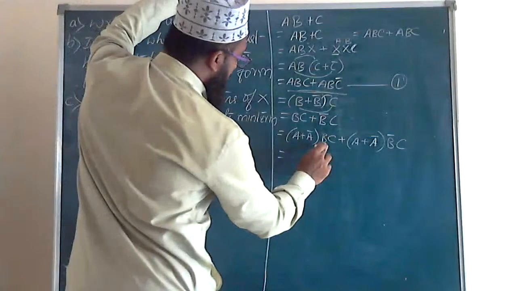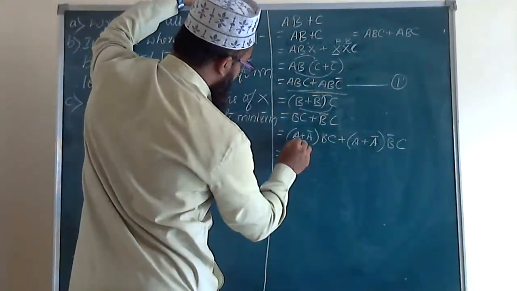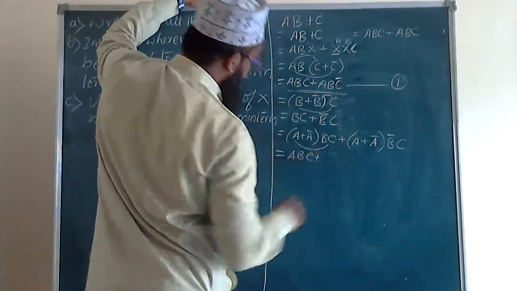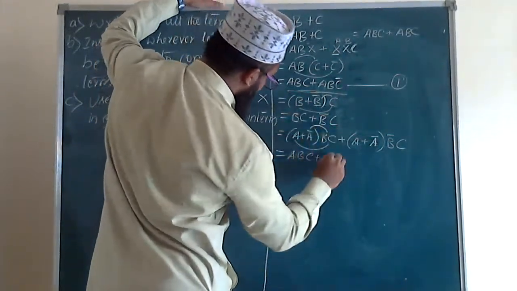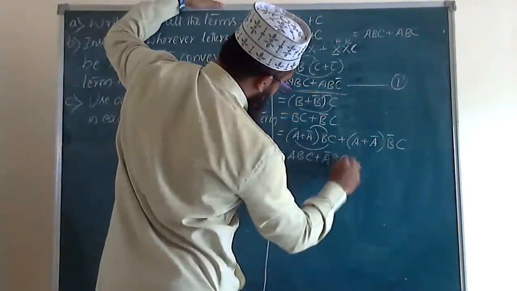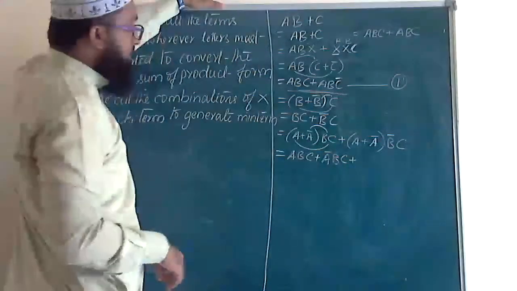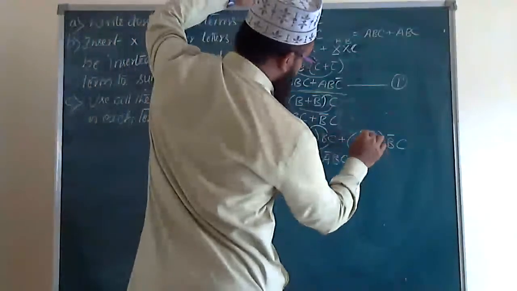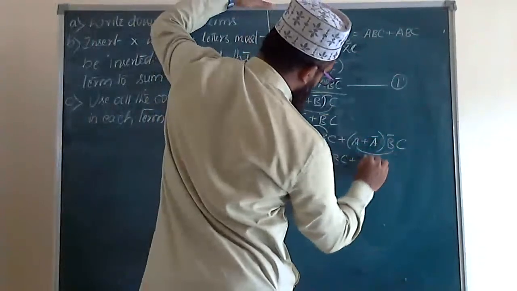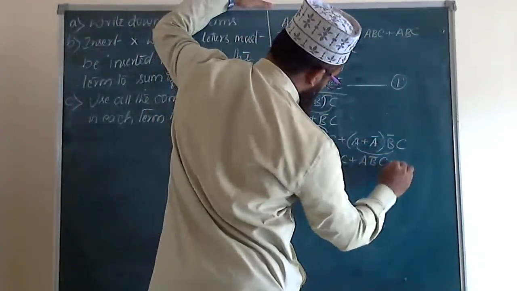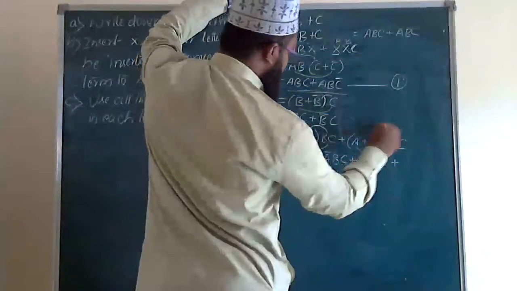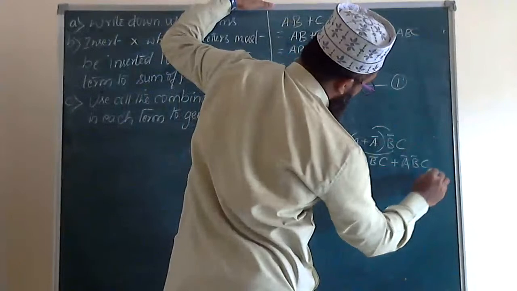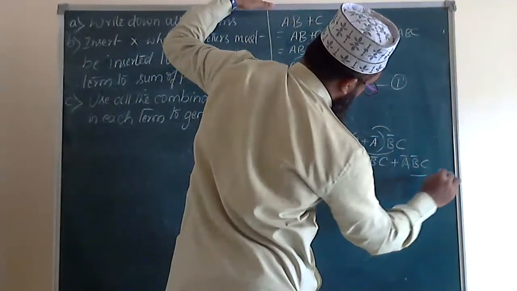Now expand. What will it become? This is equal to, first, ABC plus, next, A bar BC plus ABC, then A bar BC plus, first this thing, AB bar C plus, next, A bar B bar C. Take this as equation number 2.